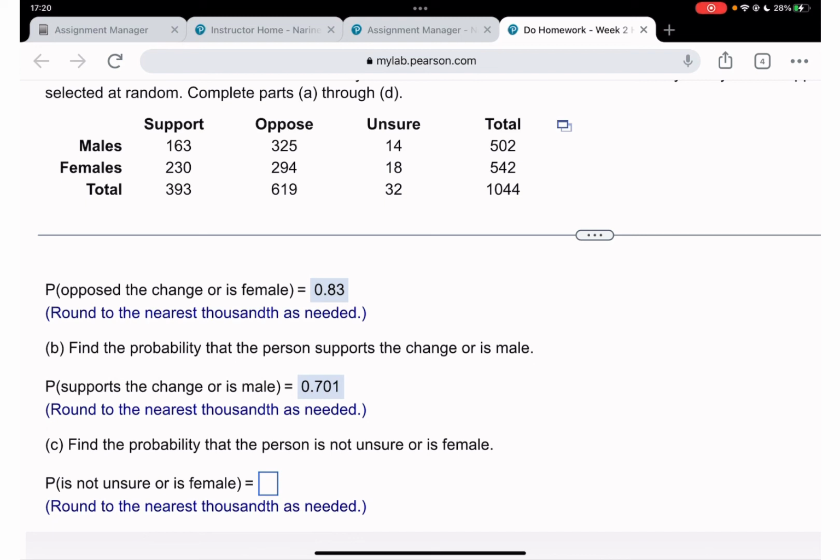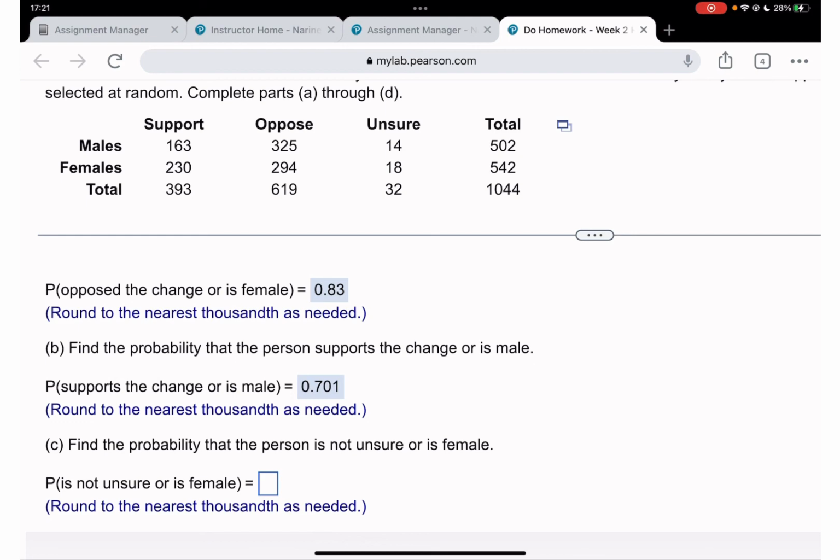One more time: not unsure or female is the complement of unsure and male. If I find the probability of unsure and male and take the complement, I will get the probability of not unsure or female.